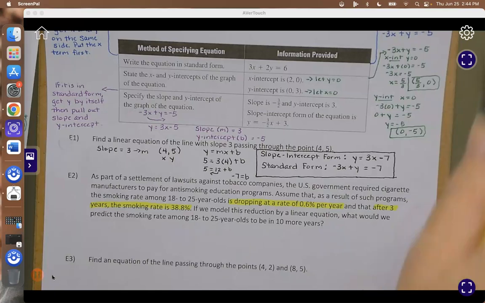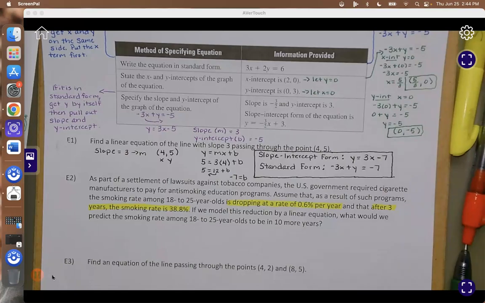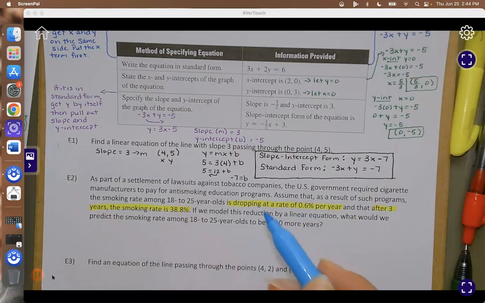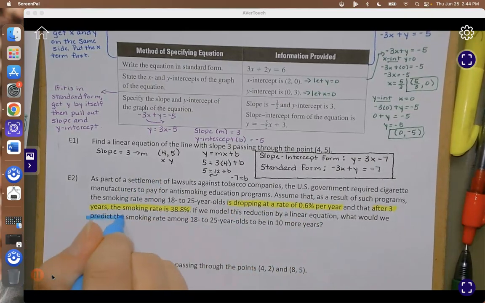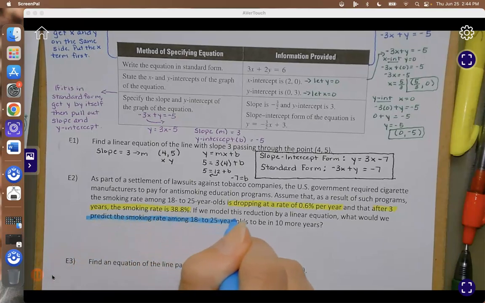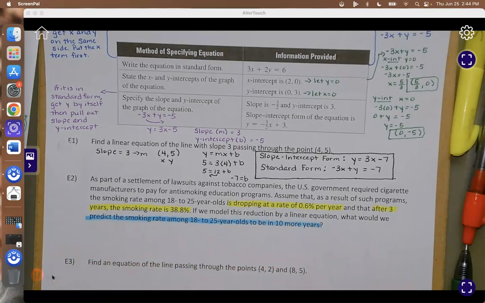Okay? So the first part is to come up with the equation using the information that we highlighted in yellow. And the second part is to predict the smoking rate in 10 years. Okay? So here we go. This is the way we're going to do this one.